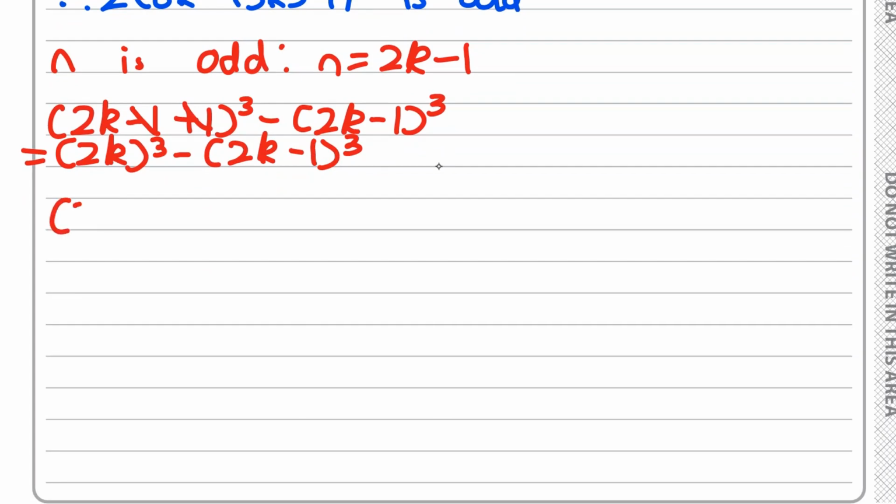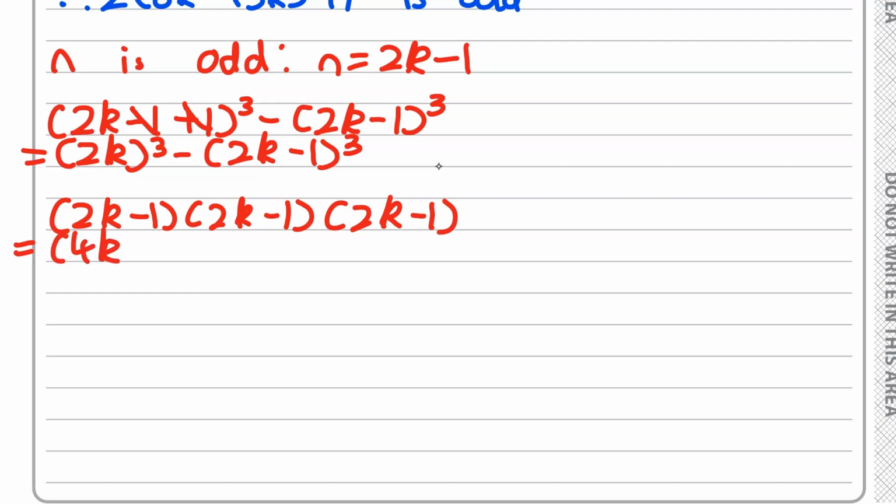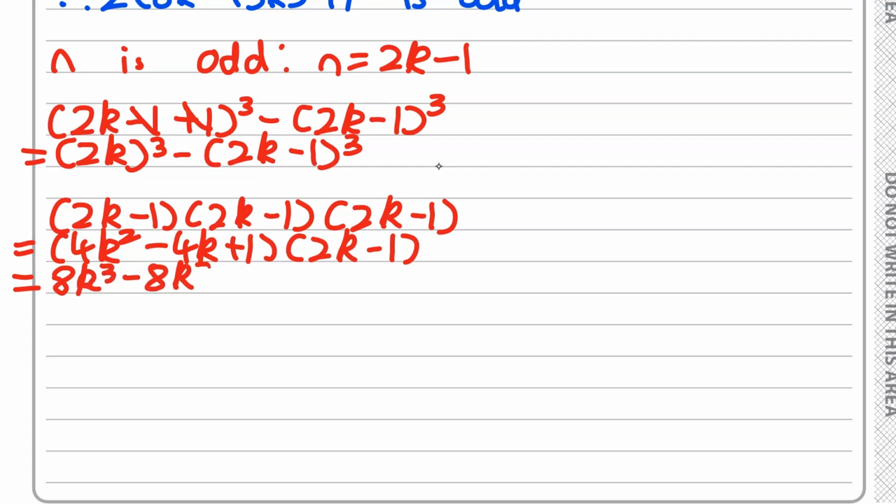So if we expand this, 2k minus 1, 2k minus 1, 2k minus 1. I'll go through this really quickly because this is essentially the same logic as before. So this would be 4k squared minus 4k plus 1 multiplied by 2k minus 1. And if we expand this, it's going to be 8k cubed minus 8k squared plus 2k.